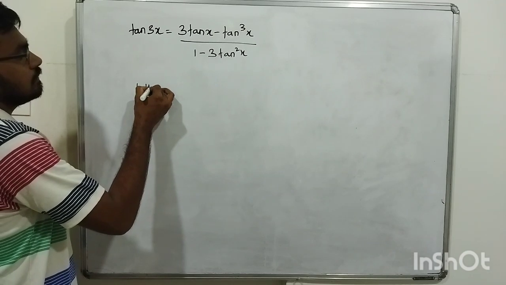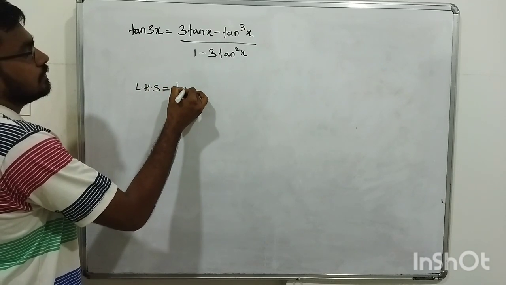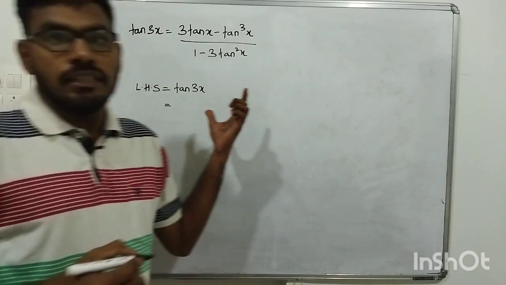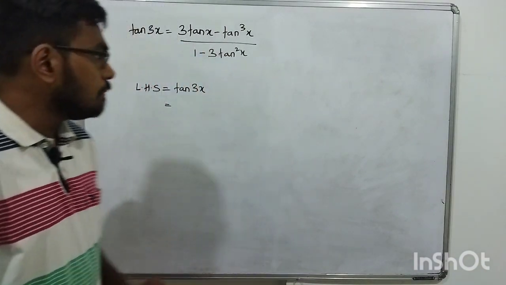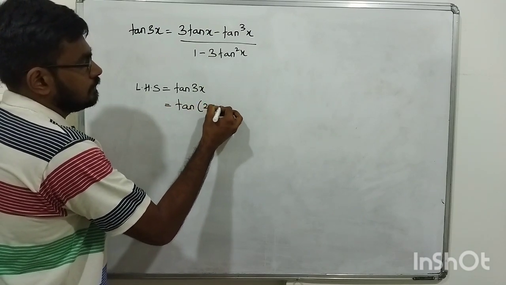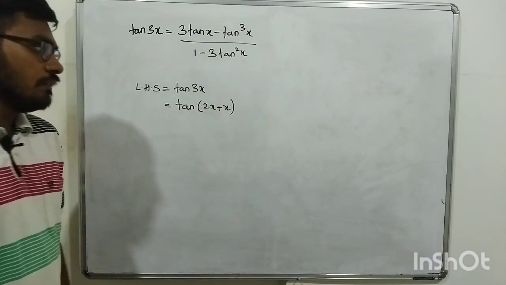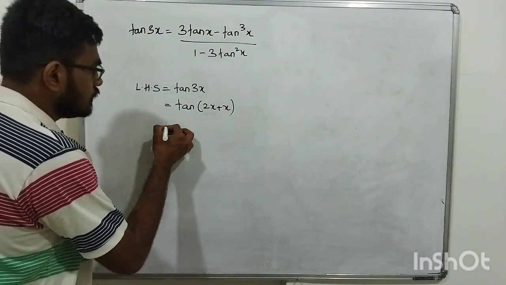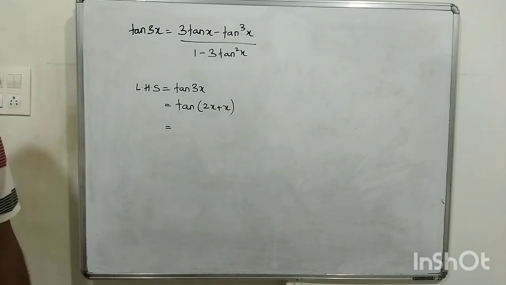So LHS, we have tan 3x, and we can write this tan 3x as tan 2x plus x. As we did for sine and cos, same way you have to do for tan. And then simplify this now. What is the formula for tan of x plus y?